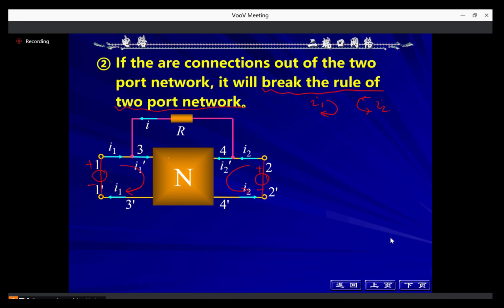But if you add another branch on the outside, then there will be a problem. I1 sharp equals I1 plus I. These two positions will be equal, but I1 sharp will not equal I1, and I2 sharp will not equal I2.